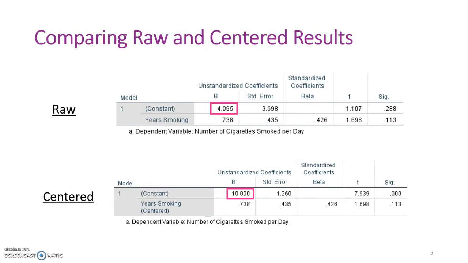It's essentially the average number of cigarettes smoked for a person with the average number of years smoking in the sample. Now, if we look from one table to another at the regression coefficient or the B1 parameter estimate, it does not change at all. The actual B1 coefficient stays the same. It's 0.738 in either sample. So the only reason we center predictors is to have an intercept that gives us some meaningful information.